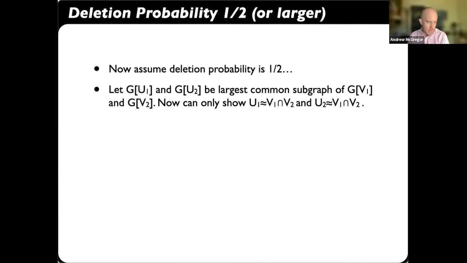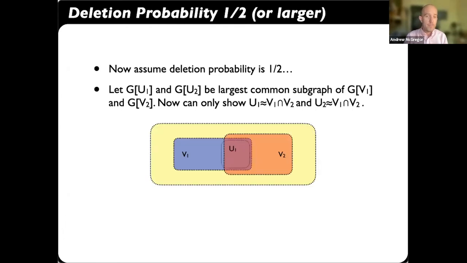The issue that we ran into is that we were able to show that if you are looking at trace 1 and I'm looking at trace 2, and we find the largest common subgraph, then the set of nodes upon which your subgraph is based and the set of nodes that my subgraph is based on may not be identical, but they're pretty close. Okay, and they both heavily overlap with this V1 intersection V2.